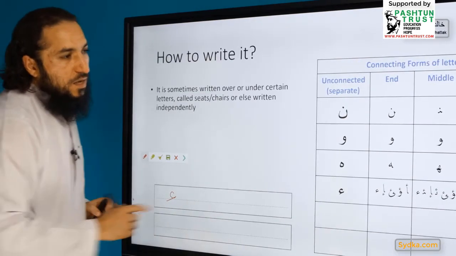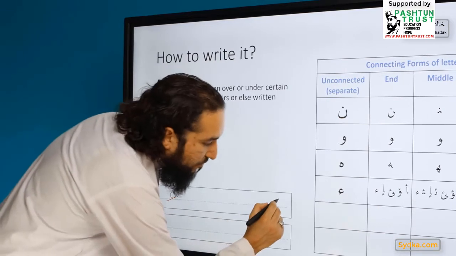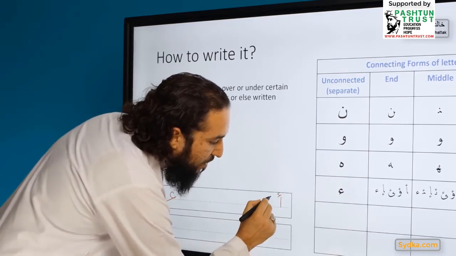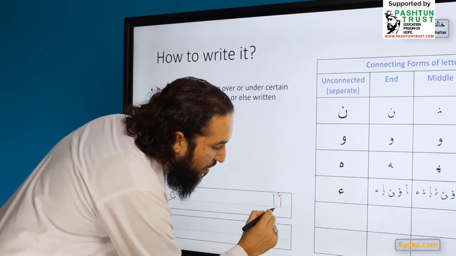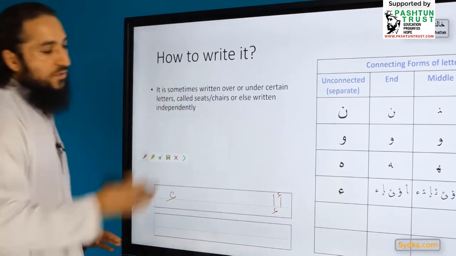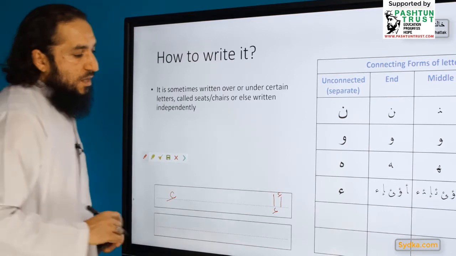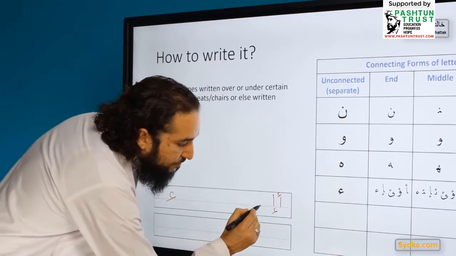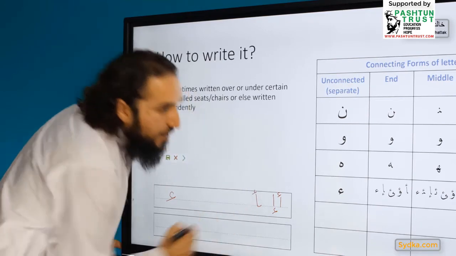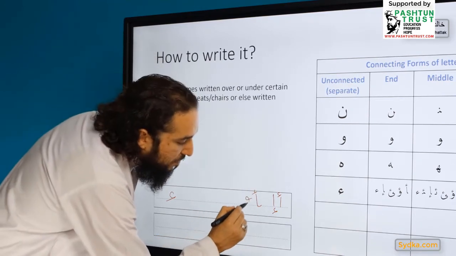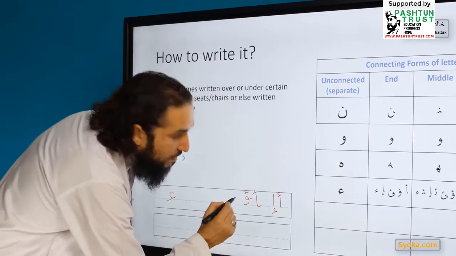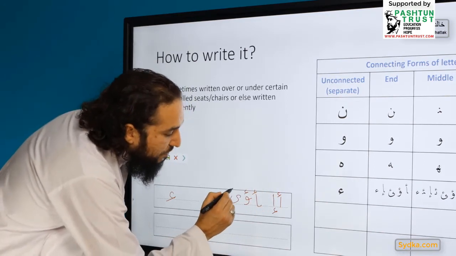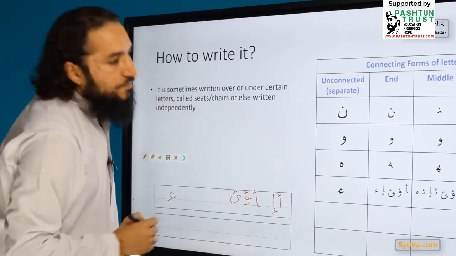In the beginning, you just write alif, and you write Hamzah on top of it or under it. If it's under it, then it goes below the line. On the other forms, we are putting Hamzah on the chairs or the seats.